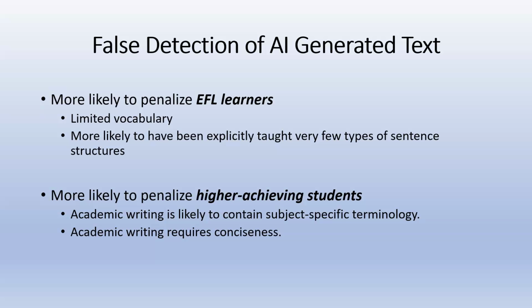The other group that is found to be more likely to be falsely accused of submitting AI-generated text is higher achieving students.